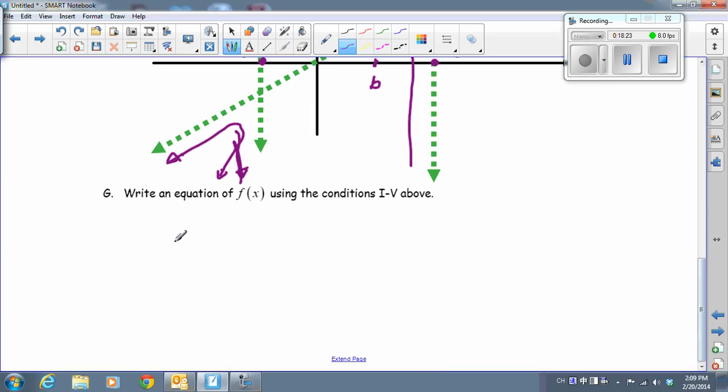Last portion says, write an equation of f of x using conditions 1 through 5 above. Now, f of x is equal to, we know that on the bottom we will have x minus a, x minus b, and x minus c. In order for b to be a hole, I must have x minus b also on top.